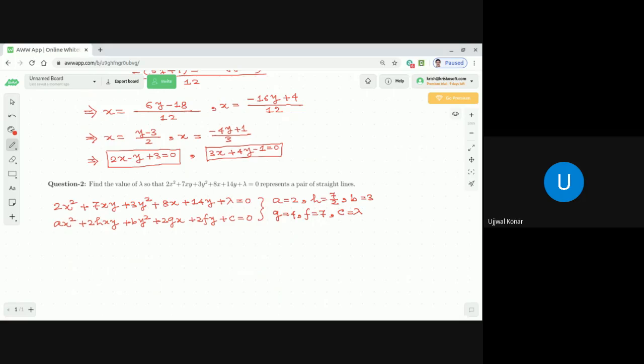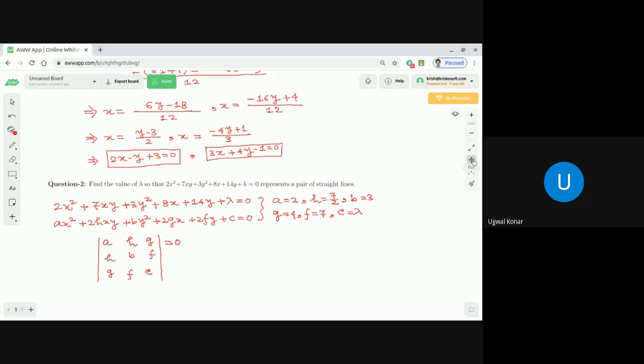So now, the given general equation of second degree will represent a pair of straight lines if the value of the determinant is 0. That means the determinant with rows a, h, g; h, b, f; g, f, c equal to 0. Correct?